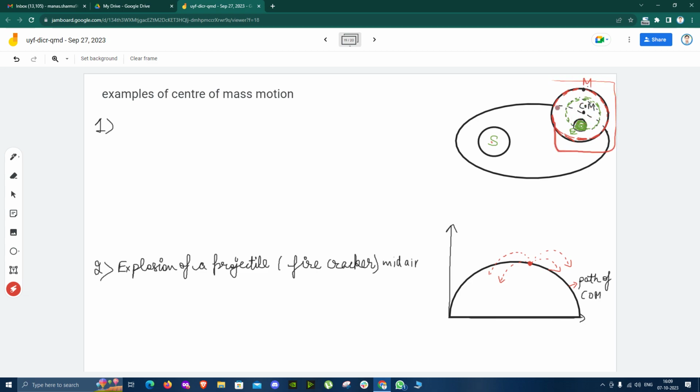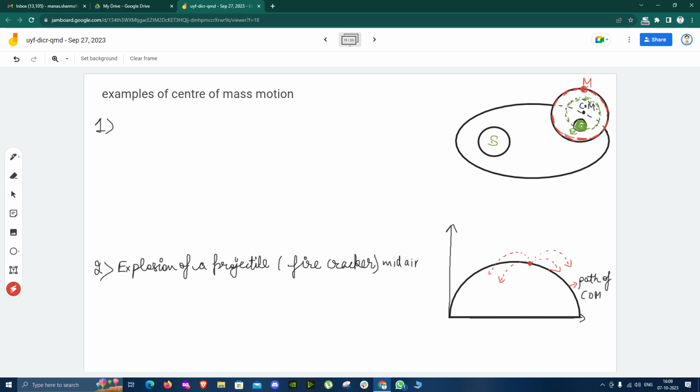We have zoomed this portion here. Compared to the Sun, Earth is only a point, so I have zoomed it to make it understandable. So the Moon revolves around the Earth in a circular path. However, the Moon actually revolves around the center of mass of the Earth and Moon system of particles.